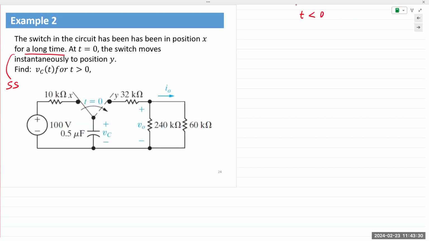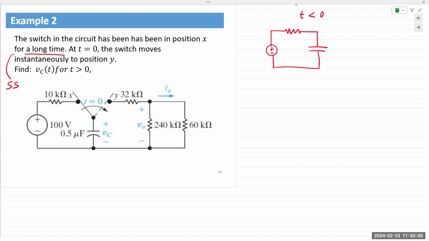So if I have to draw the diagram, it's the 10 kilo ohm resistor and the capacitor is fully charged. We are not concerned with the expression before the switch was flipped.